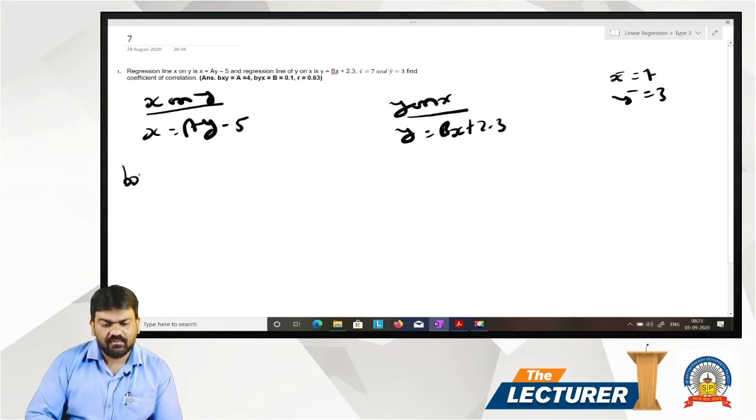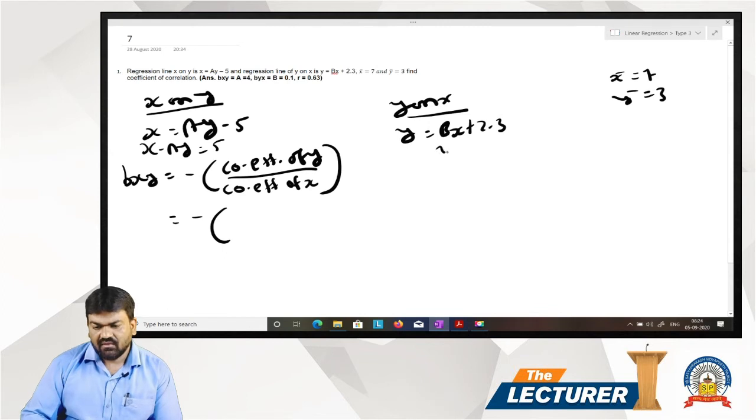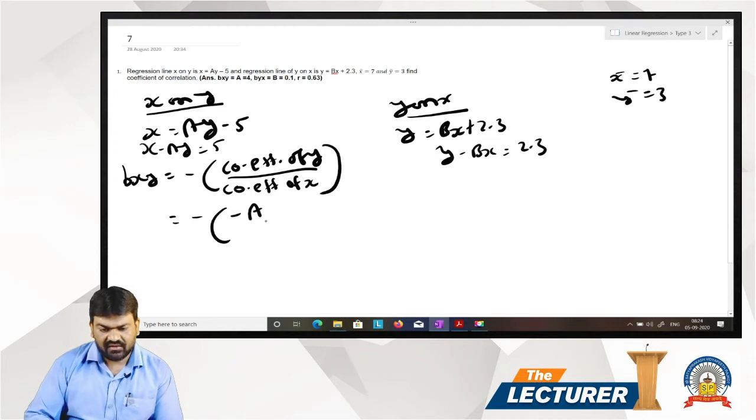X on y, so bxy is equal to minus coefficient of y divided by coefficient of x. Please write in linear form: x minus ay is equal to 5. Here y minus bx is equal to 2.3. Now x y's coefficient minus a divided by x's coefficient 1.